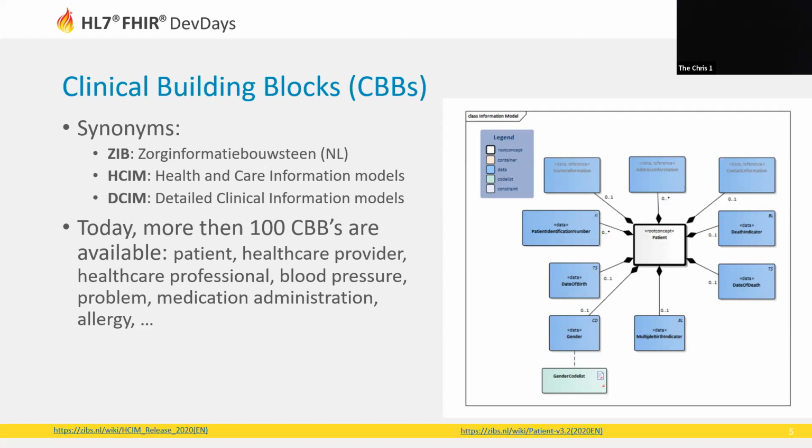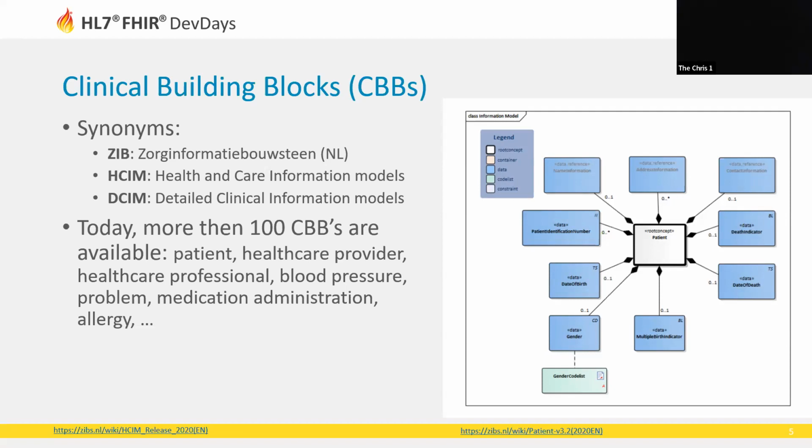And they go by all kinds of names in the literature and in the world. In Belgium, we call them the clinical building blocks. In the Netherlands, they're called zorginformatiebouwstenen or ZIBs. But other words for it are health and care information models.